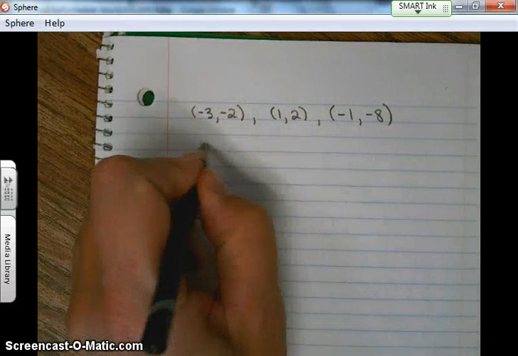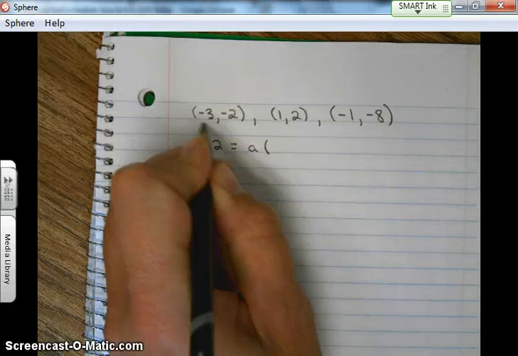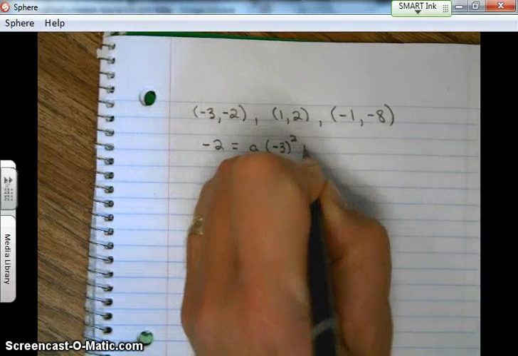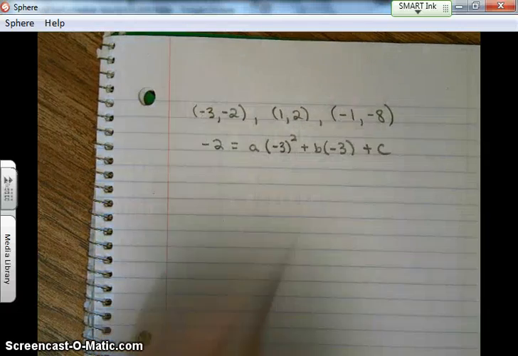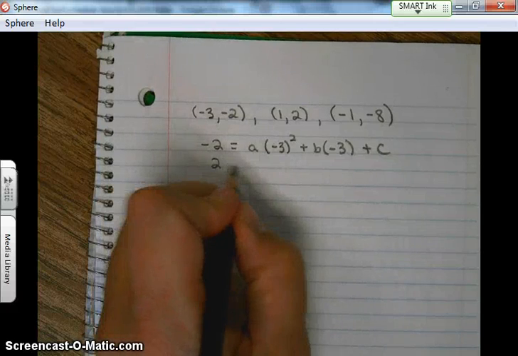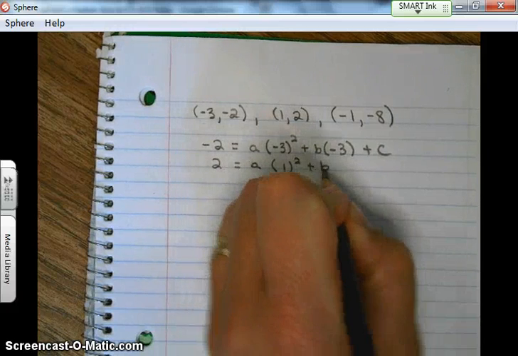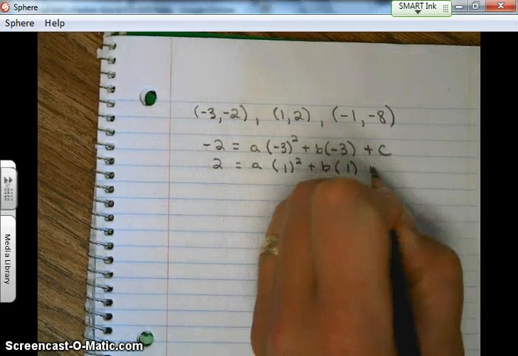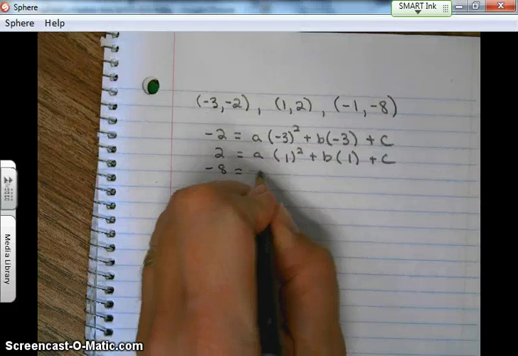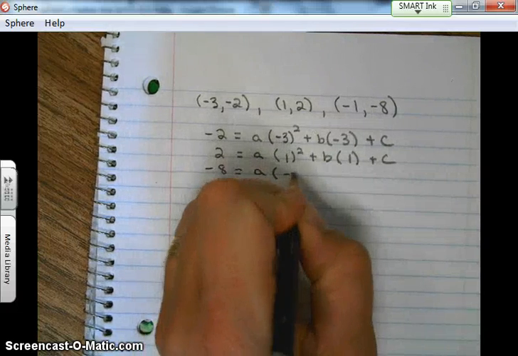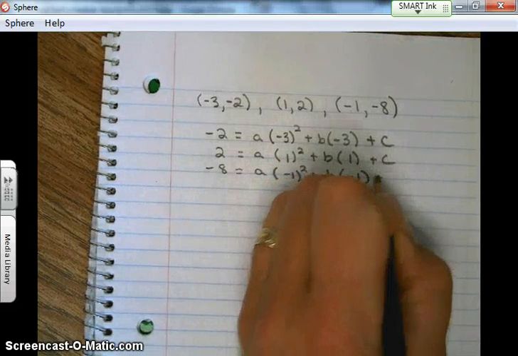So, -2 equals a times x squared plus b times x plus c. 2 equals a times x squared plus b times x plus c. -8 equals a times x squared plus b times x plus c.